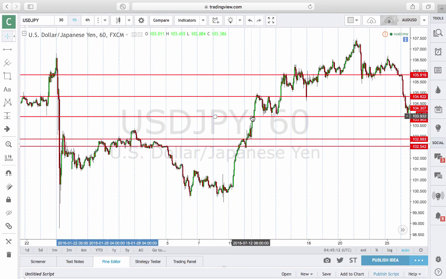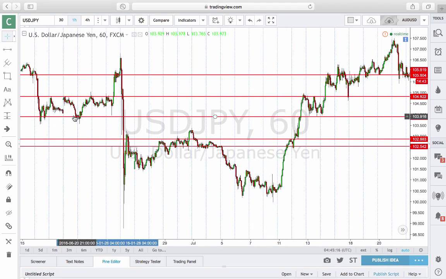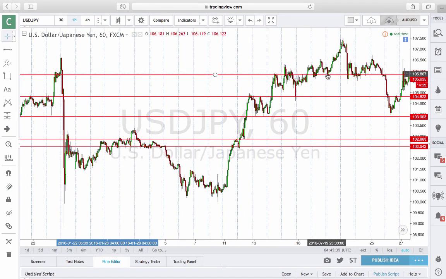Price broke above, even tested right here, made a little resistance, but also was support. What did price do? It broke above this area of resistance, or a ceiling, and came back and tested it as the floor. And look again, resistance, the ceiling, came back and tested as the floor.